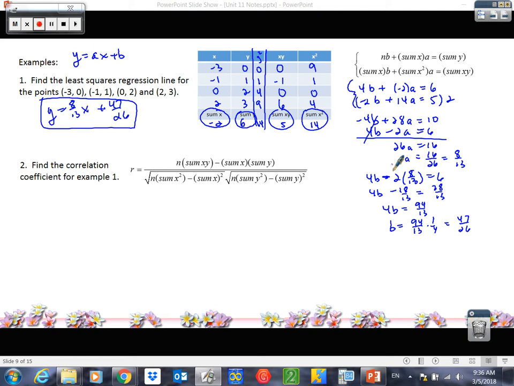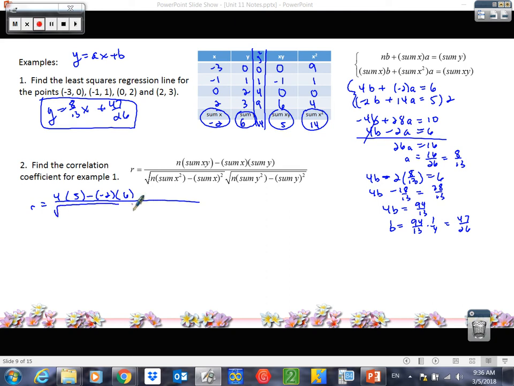Okay. So let's start plugging into our formula. R equals. So n is 4. Sum xy is 5. Minus sum x is a -2. And sum y is a 6. All over. Okay.